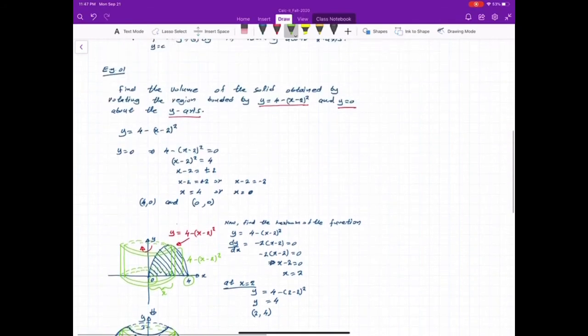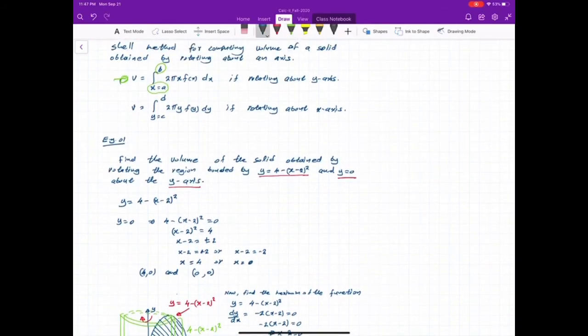All right, let me rewrite this problem. I'm going to use this formula.